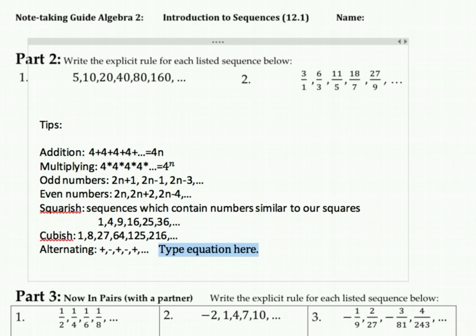What'll work for you is either negative 1 to the n power, or negative 1 to the n plus 1 power. One of those is going to accomplish whatever alternating term you need in your sequence. So there's a whole bunch of tips. Let's set those aside.